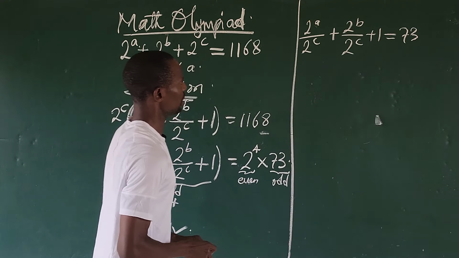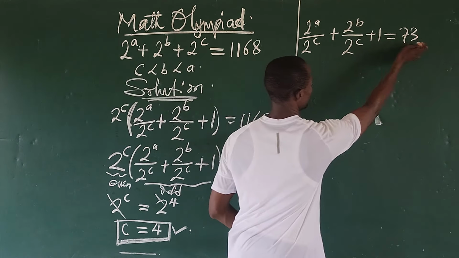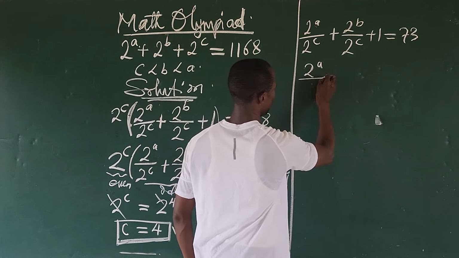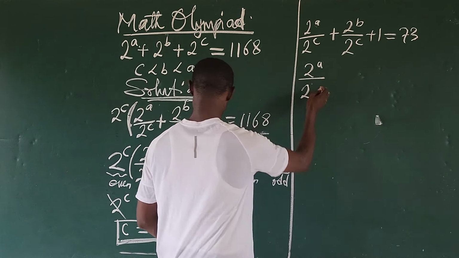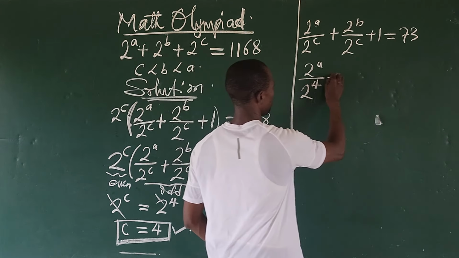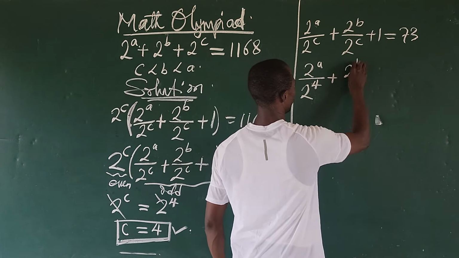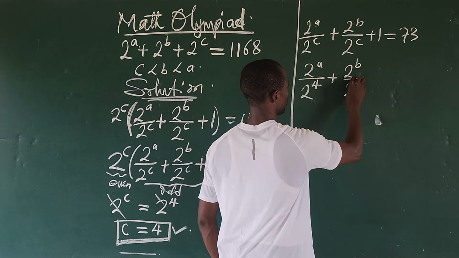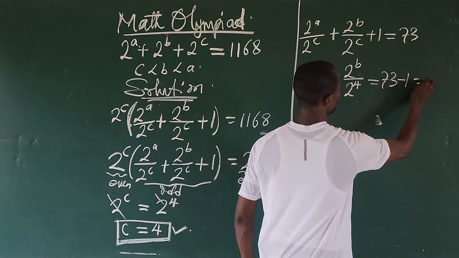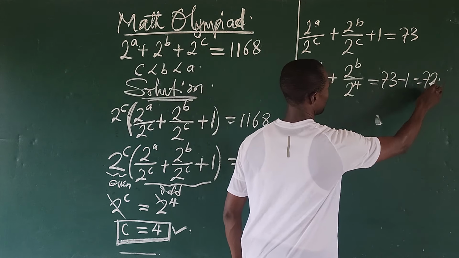That's what we have, right? Good. So we can send this 1 to this side of the equation. Now, we've solved our C to be 4. So let's just quickly put in our 4 here, plus 2 to the power of B over 2 to the power of 4 equal to 73 minus 1, which will give us 72, right?